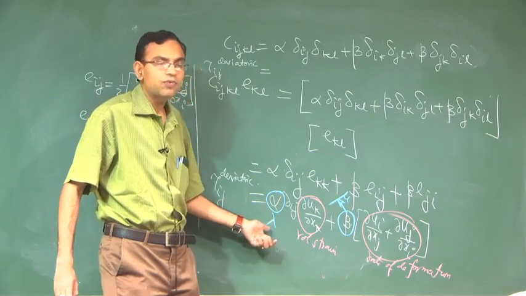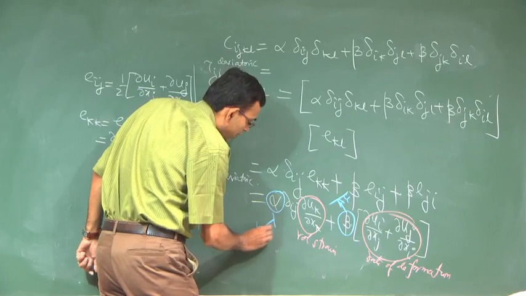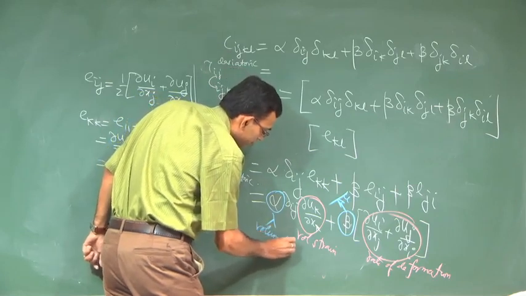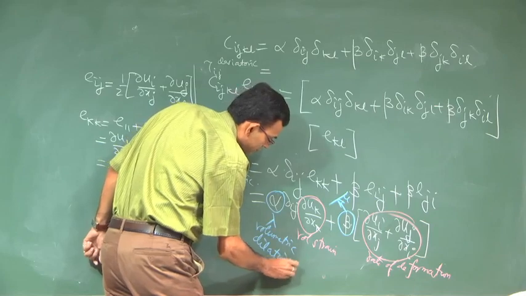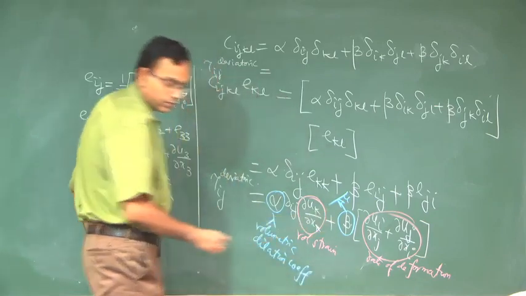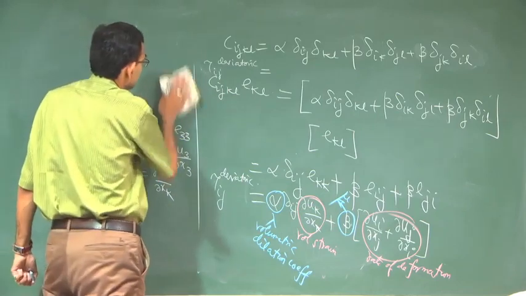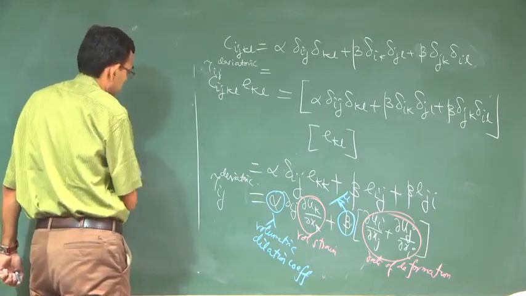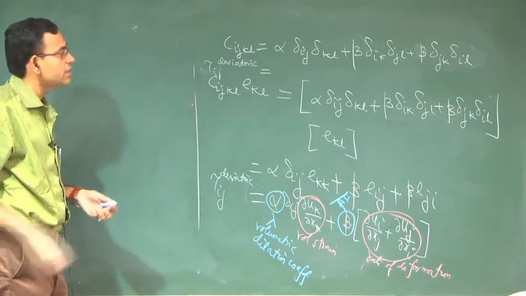This is lambda or volumetric dilation coefficient, because this is related to volumetric change. Therefore, we can write the tau ij in this way.